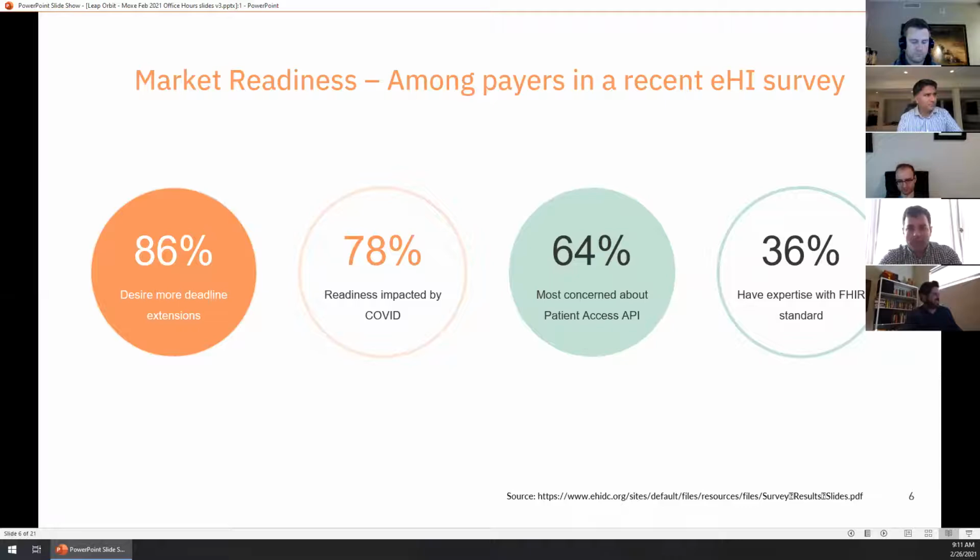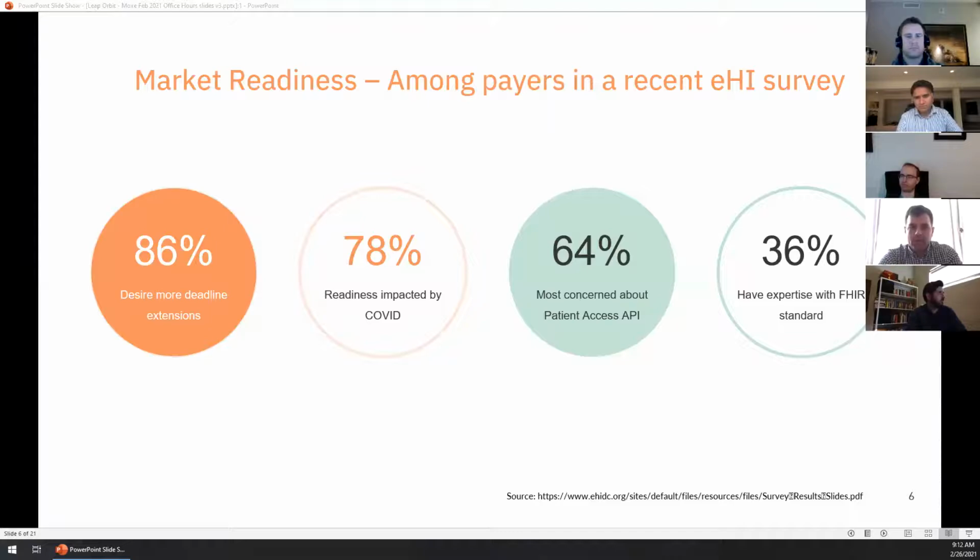EHI did a survey of you all and your peers over the holidays. And not surprisingly, in the health plan market, almost 90% of the folks that responded said they would love more enforcement discretion. They'd love these deadlines to be pushed back. 3/4 or more say that their readiness to meet the requirements has been impacted by COVID.